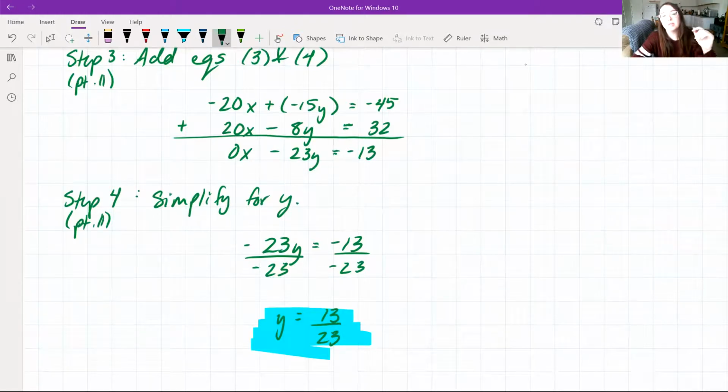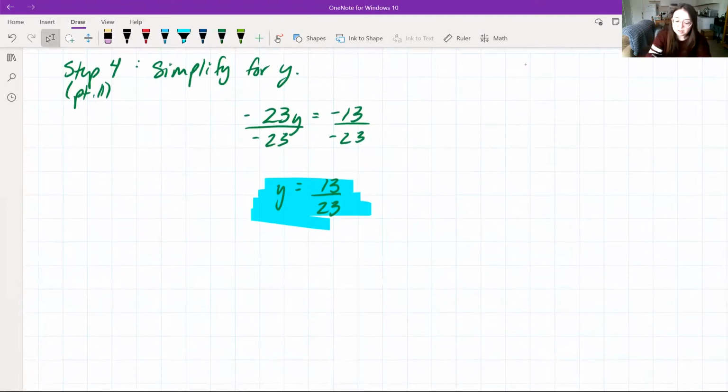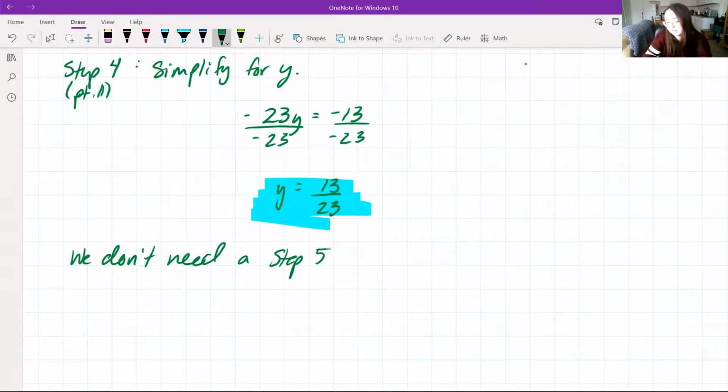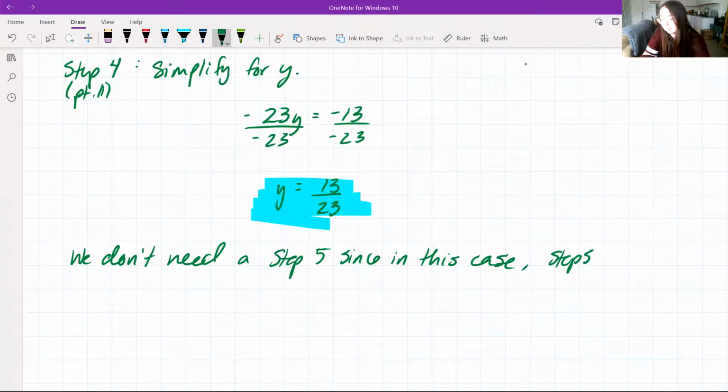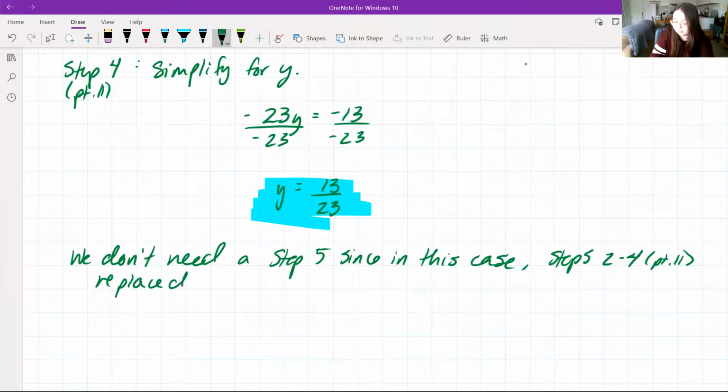So we found a value for x, and we found our value of y. It's important to note that we don't need a step 5, since in this case, steps 2 through 4, part 2s, replaced step 5.